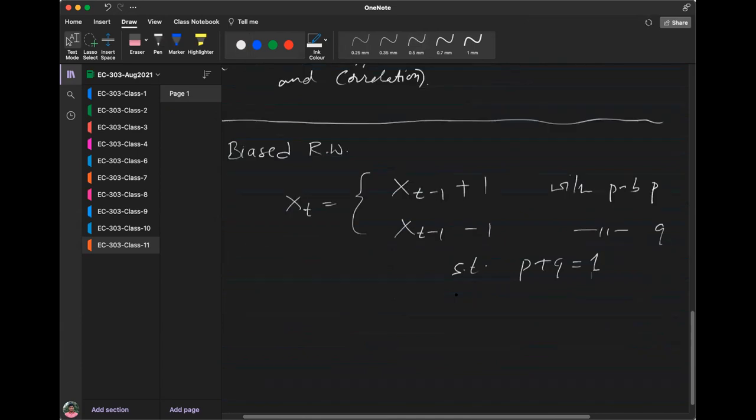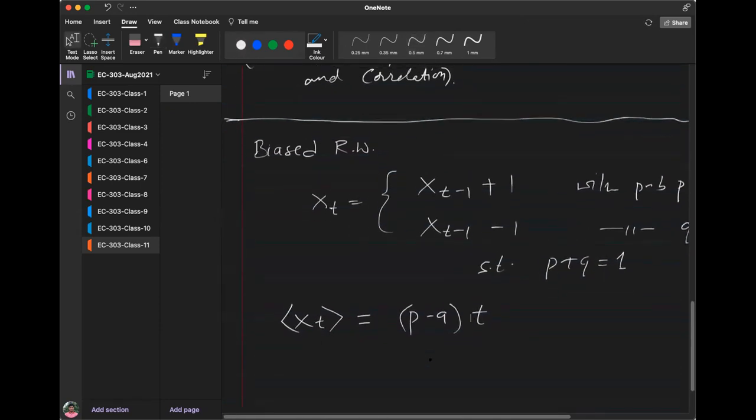Let's recall what we found in terms of the basic properties of moments. The mean was p minus q times t, if I'm right. The mean displacement is not 0 anymore.